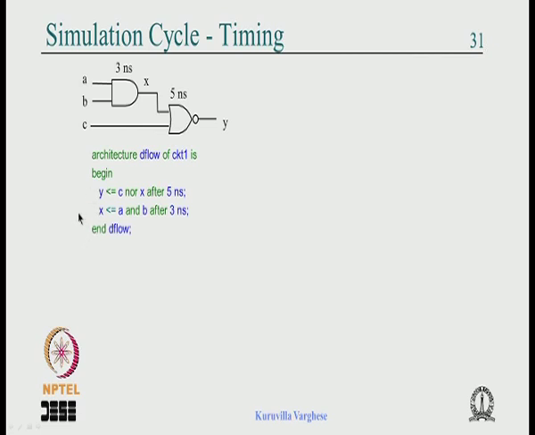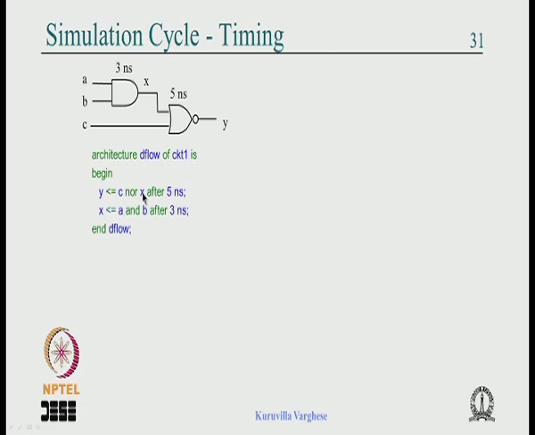The moment that happens, some signal has changed. Now again the simulator will look at where X has changed, at 103 nanosecond. So what the simulator does is that the current simulation time is 100 nanosecond, and there is a 100 nanosecond event, it has computed some assignment for 103 nanosecond.